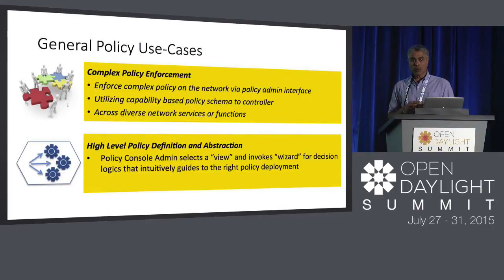You're coming in through a policy interface, describing what you want, and based on the policy schema it's going to get deployed across multiple diverse elements. The next one I have is the high-level abstraction. This I kind of covered with the abstraction, but the idea is that when you're coming in as an administrator, you're able to see what those things are.